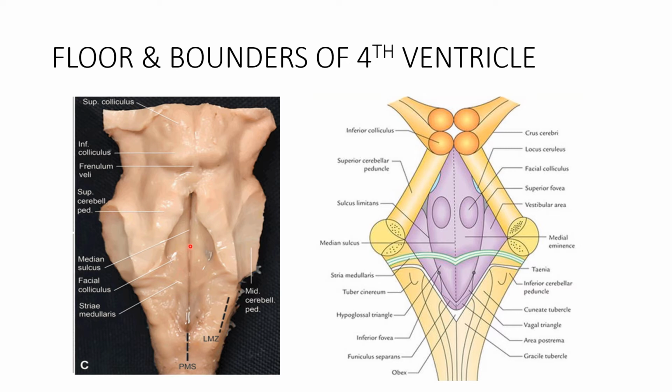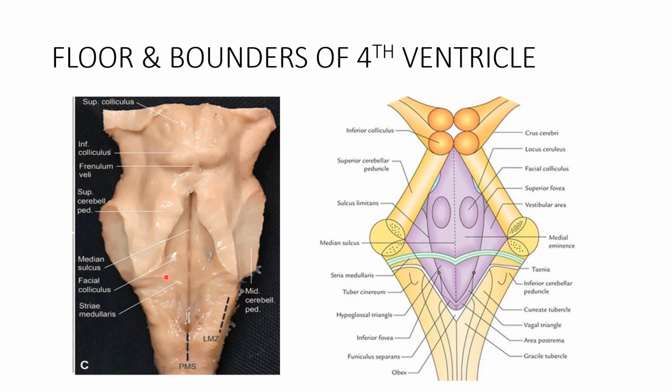The upper part of the floor is formed by the posterior surface of the pons, and the lower part is formed by the posterior surface of the upper open part of the medulla oblongata.